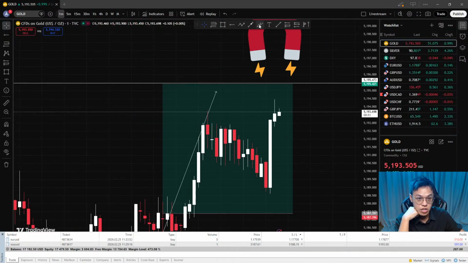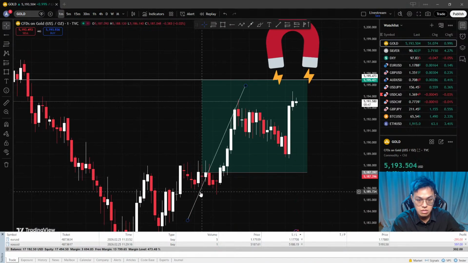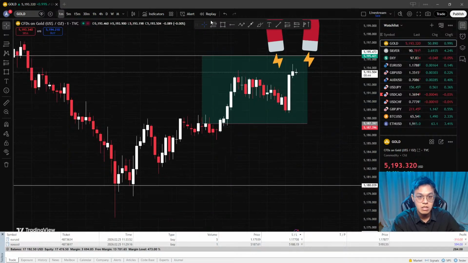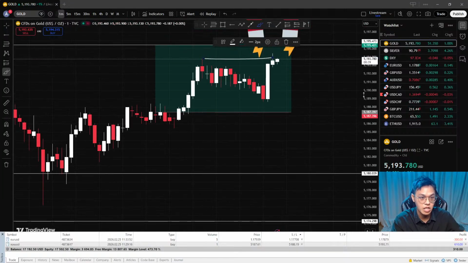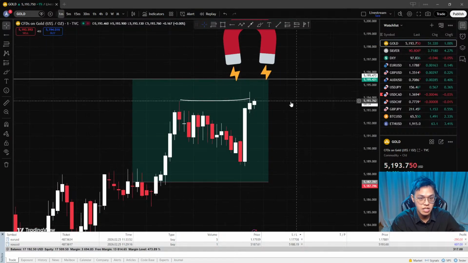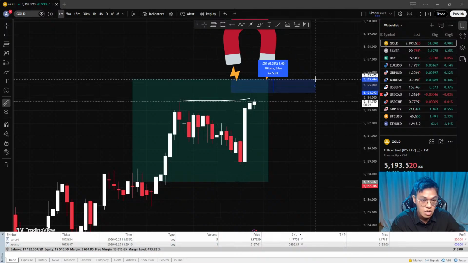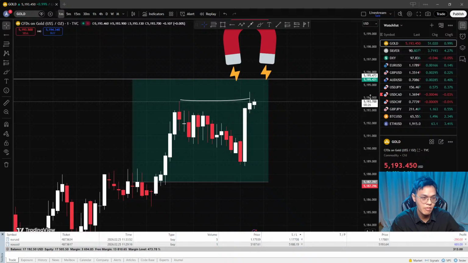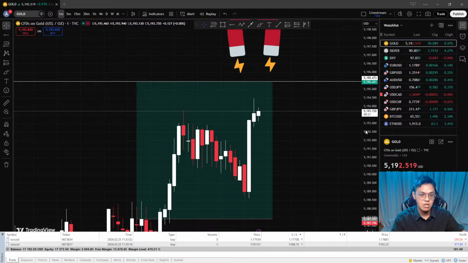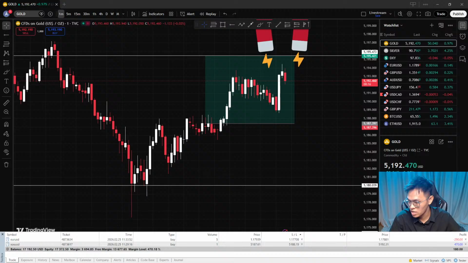Okay, guys. So the price retested this resistance level. So let's see whether the price can go even higher. There's 10 pips only to hit my next target. Let's see whether the price can hit or not.